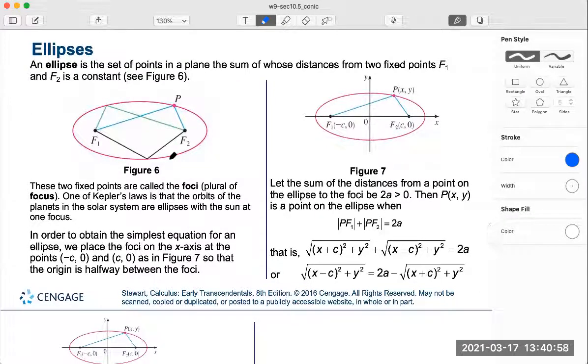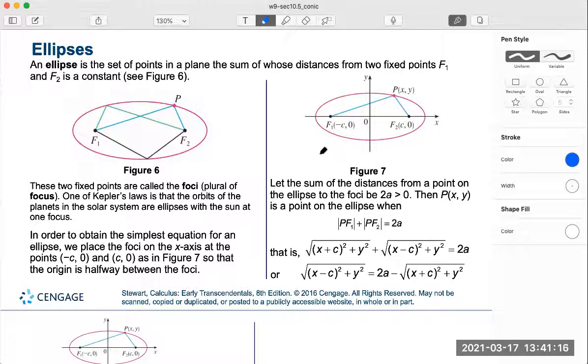For convenience, let us define a coordinate system at the midpoint of F1 and F2, with the x-axis and the y-axis. Now, we're trying to write an equation of this.